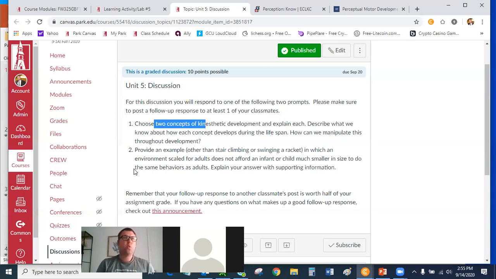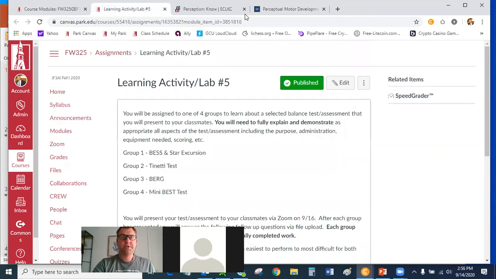So what this means is what kind of activities are you unable to change the size of for normal adult participants versus children? They have to be the same size, essentially. So there's your 2 choices for your discussion question.